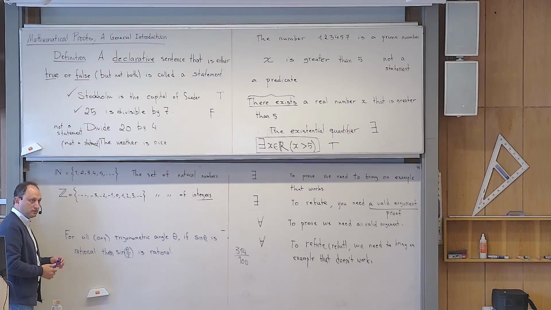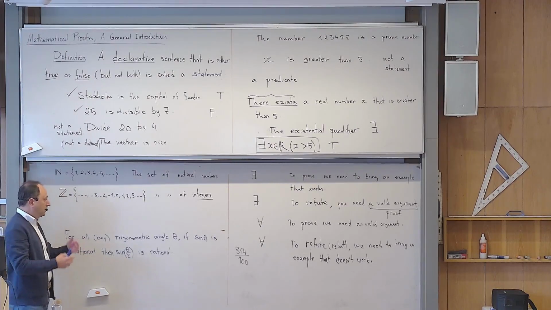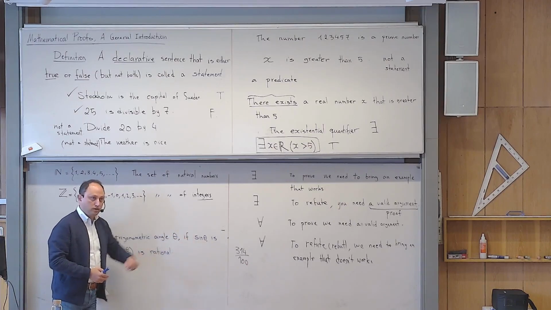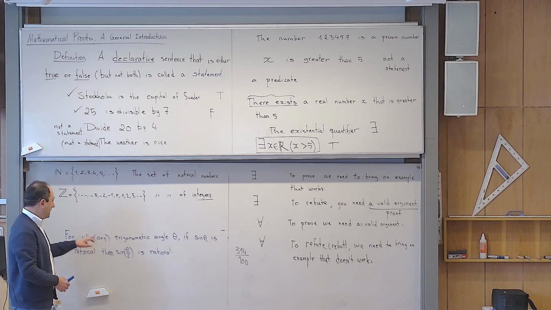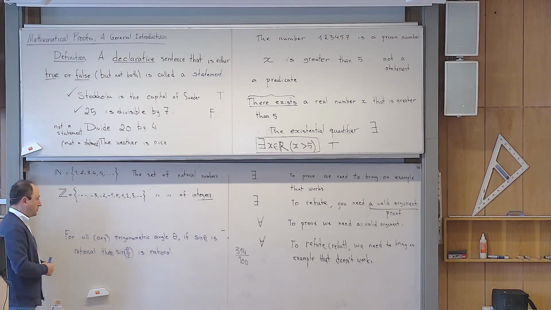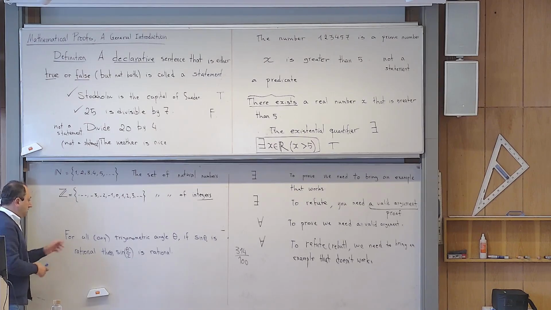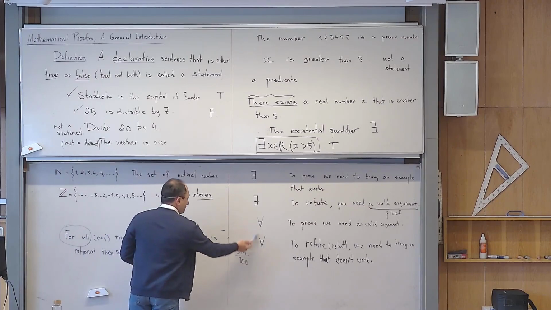It is declaring something. It declares that if sine theta is rational, sine theta divided by 2 is rational for any trigonometric angle, for every trigonometric angle. Now, this is which quantifier? This is this quantifier.